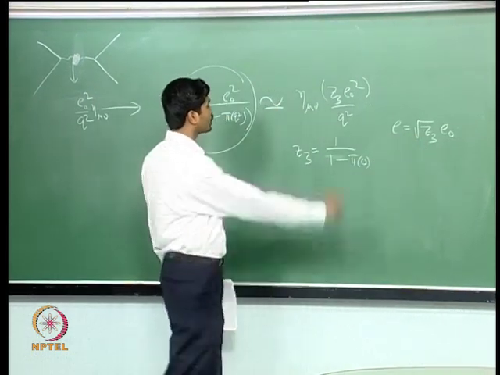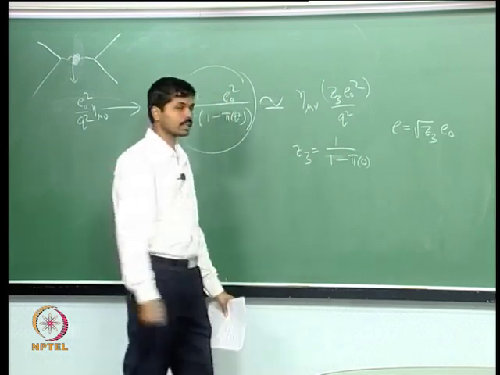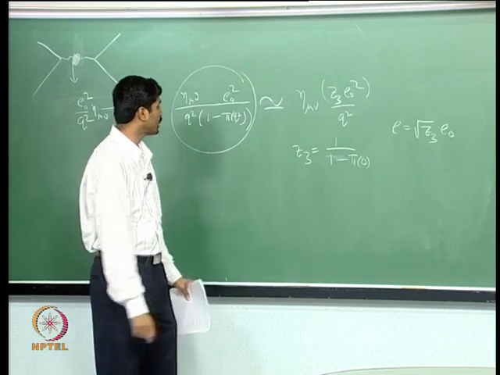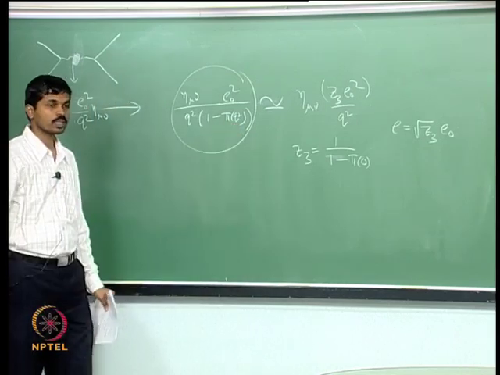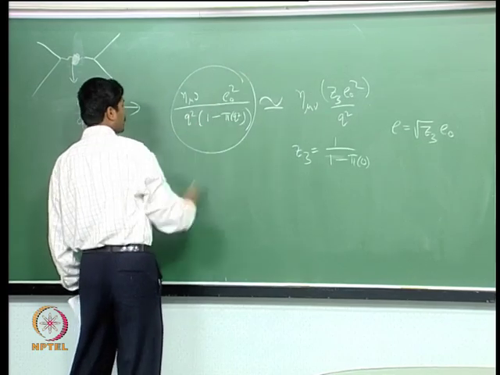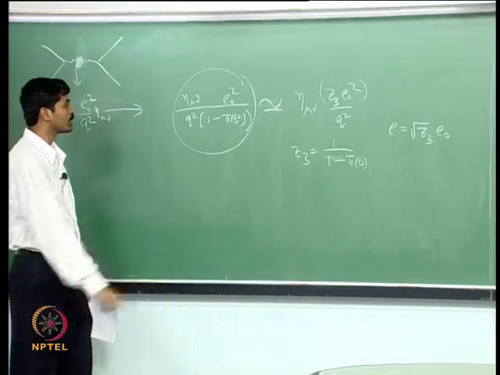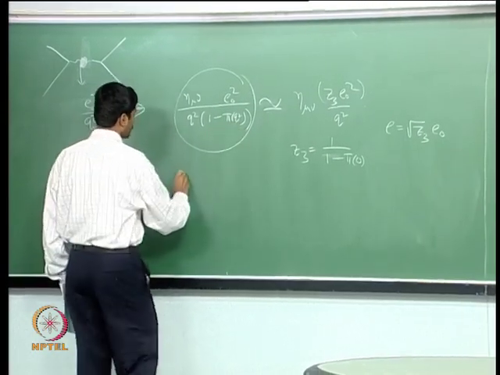So, this is what you will get when q squared is close to 0, but for any finite q squared you consider, this is the contribution that you get. So, effectively you have an effective charge of the electron which depends on q squared.